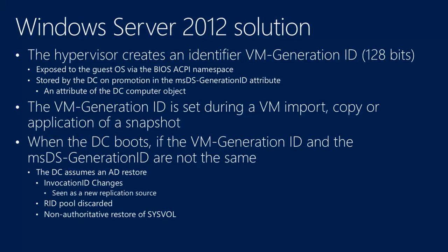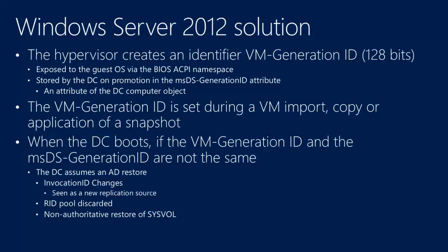So it means the operating system can pick this number up. And what happens on a domain controller, on DCPromo, it takes this number and stores it in the Active Directory, in an attribute of the domain controller called msDS-GenerationID.